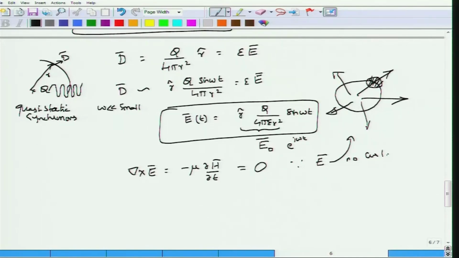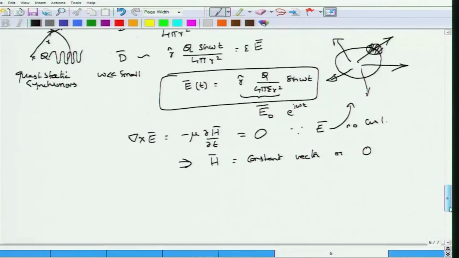The electric field is pointing all the time along the radial direction. Therefore, this equation would mean minus mu del H by del T must be equal to 0. The implication of this is that H must be either a constant vector, or must be 0.